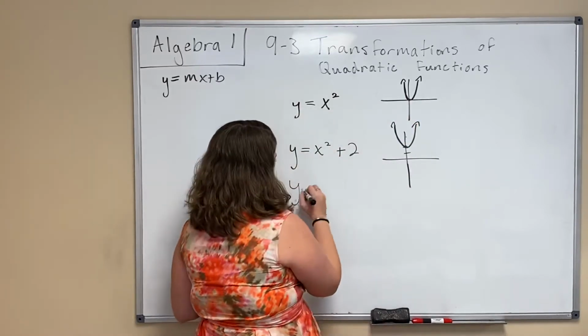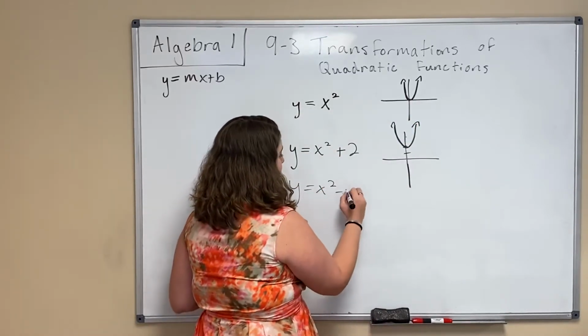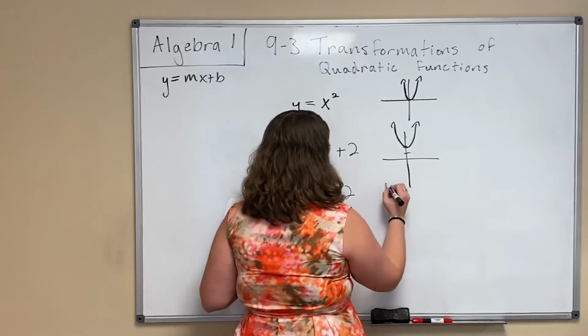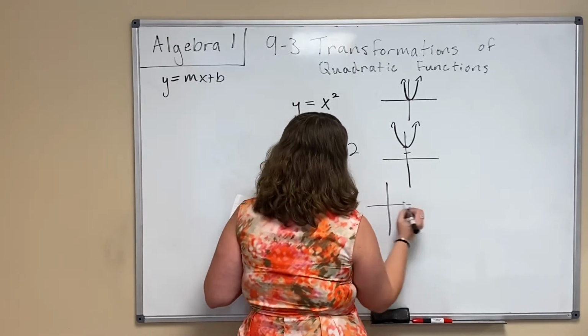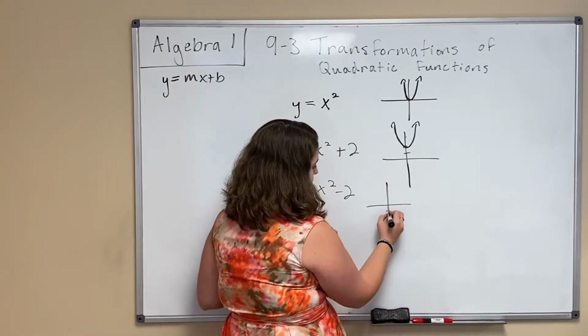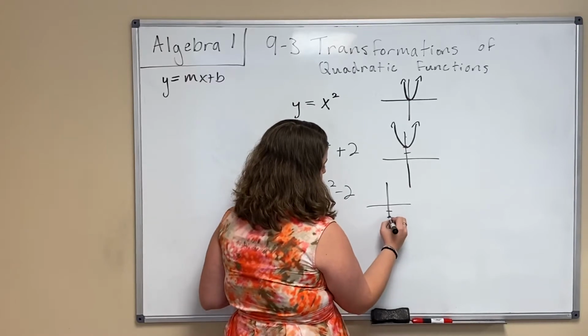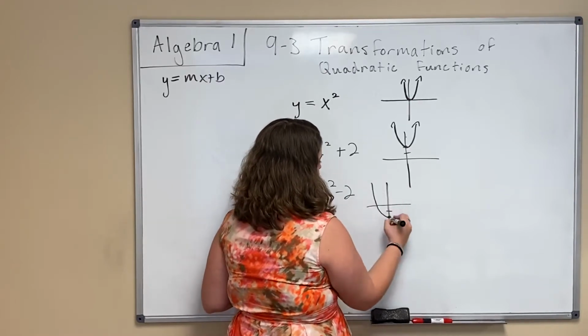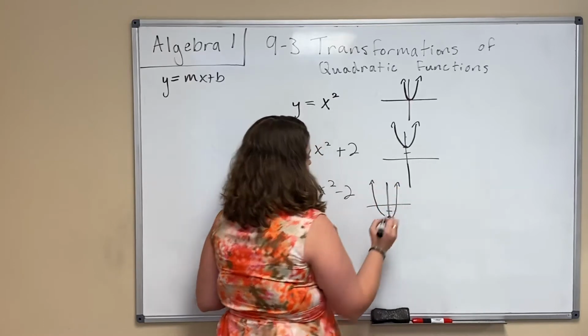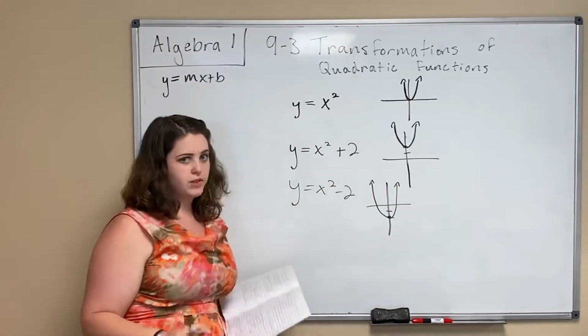If I did y equals x squared minus 2, then I would draw my graph, and my vertex is going to be 2 spaces down. Hopefully that's making sense so far.